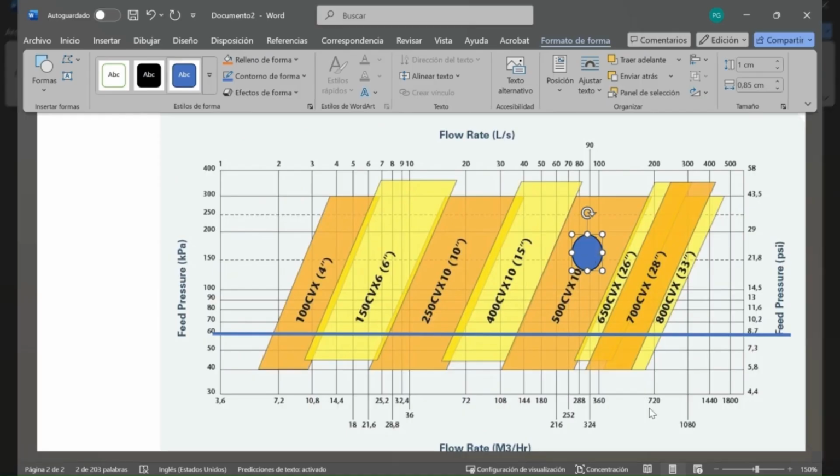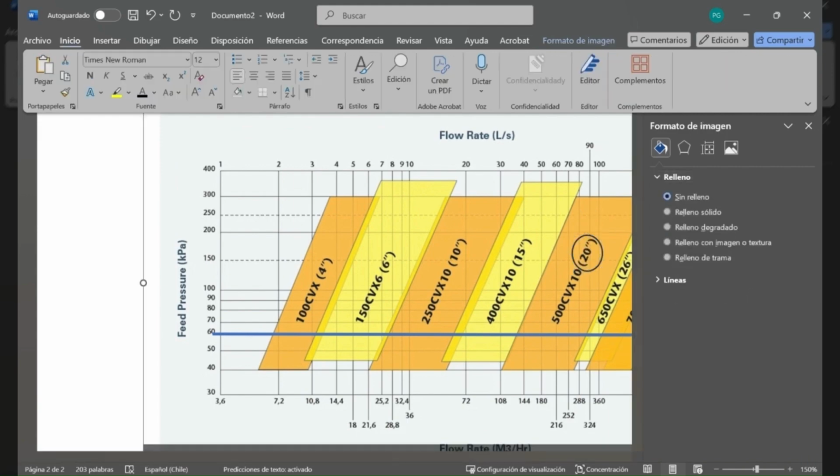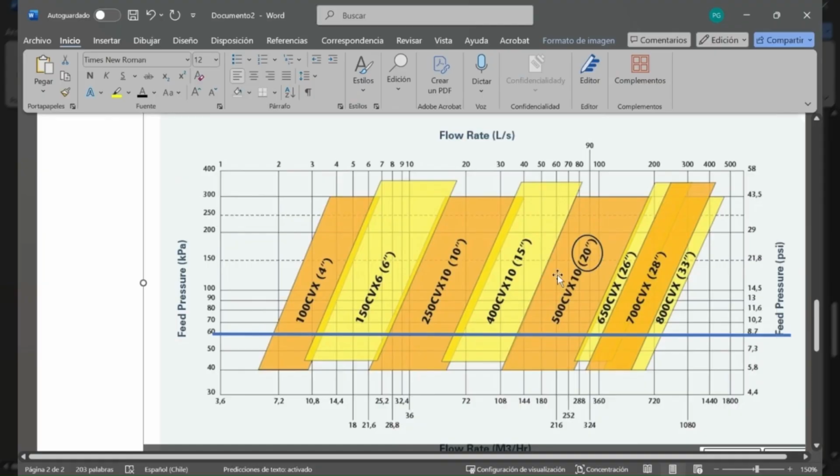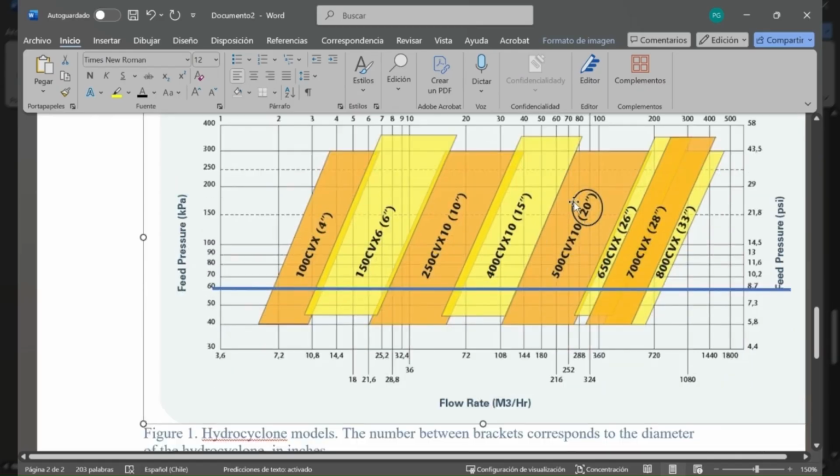Let me remove the color here. Okay. So now what we have to do is select a diameter. This pretty much is the one that we have to select. But we actually need a certain amount of hydrocyclones, because as you can see, this hydrocyclone can take a feed slurry that goes between 140, and at the other extreme almost 300.